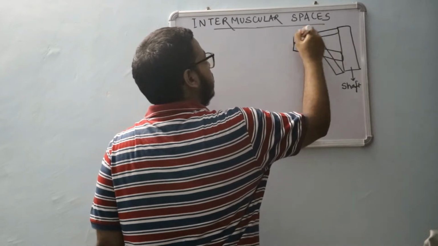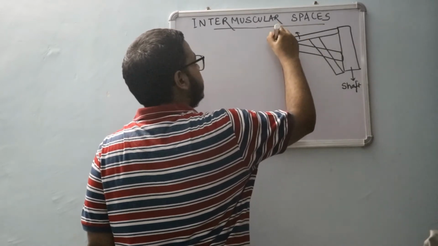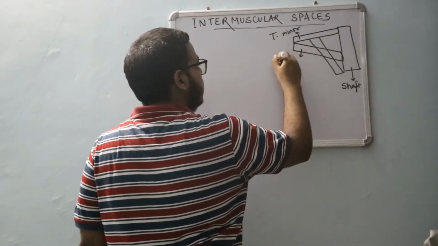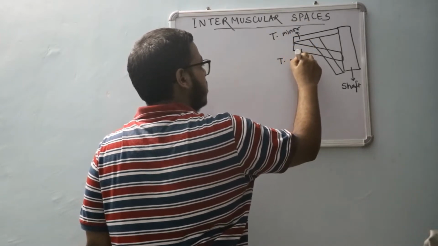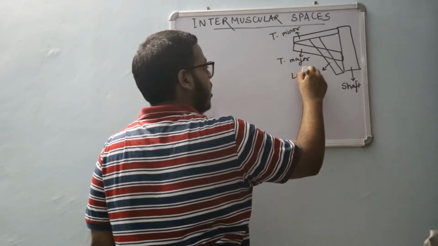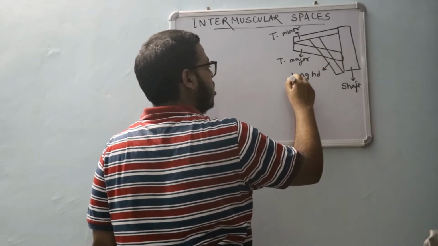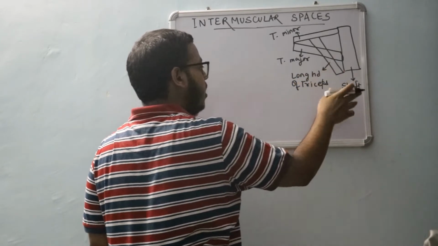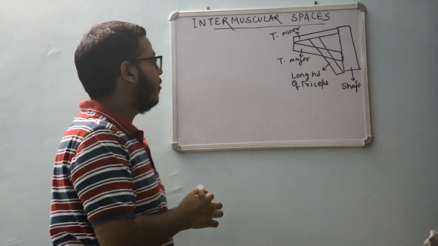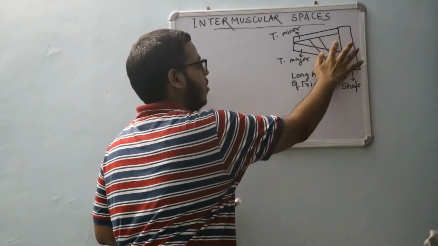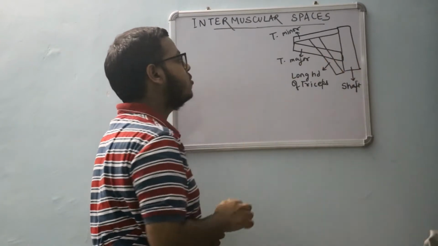This one over here is the teres minor muscle. This one is the teres major muscle, and this one is the long head of the triceps. So the three T's: teres major, teres minor, and the triceps long head, and the shaft. This you have to remember. And these are the upper triangular space, the quadrangular space, and the lower triangular space.